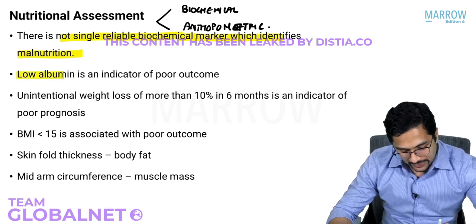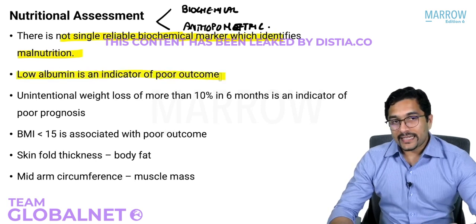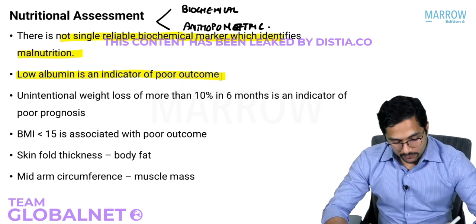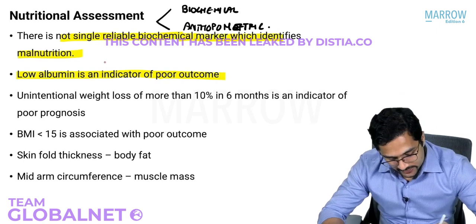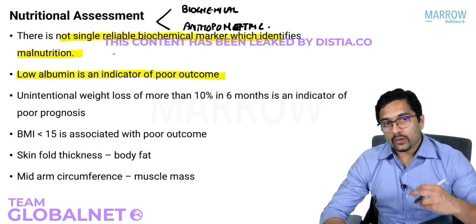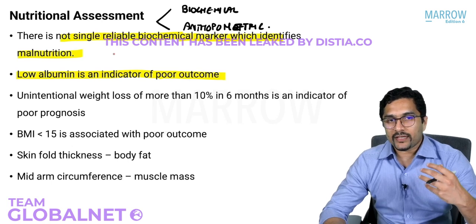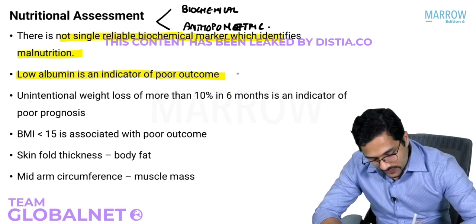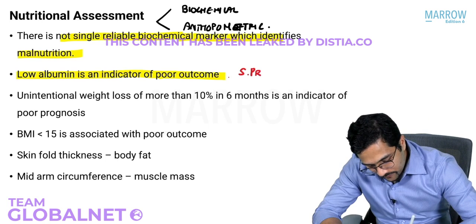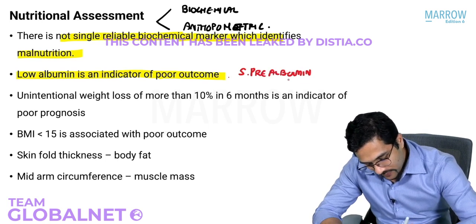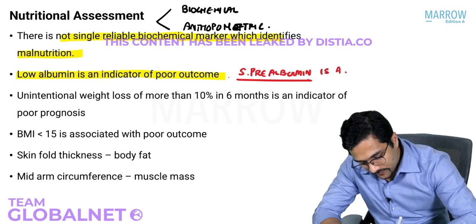Serum albumin has been considered an indicator of poor outcome, but albumin can also be falsely raised in inflammatory conditions, right? So serum pre-albumin is a better marker.